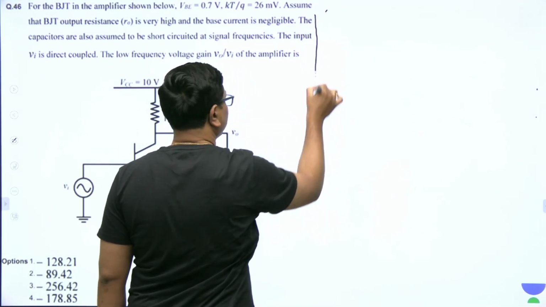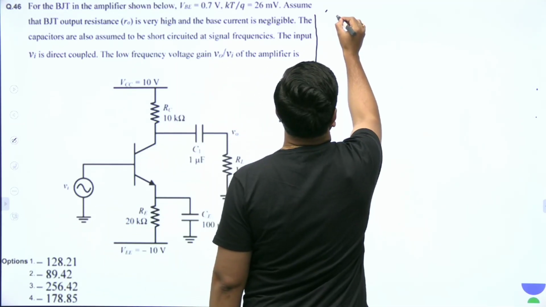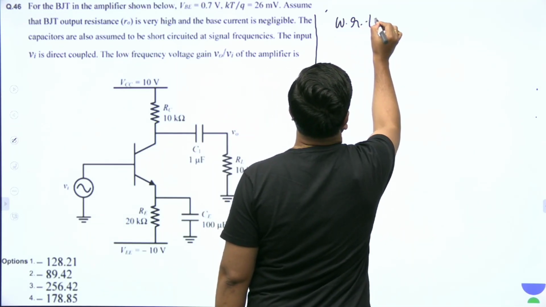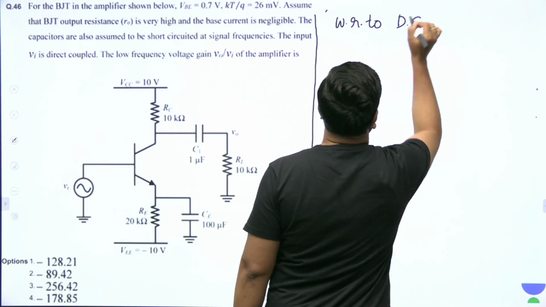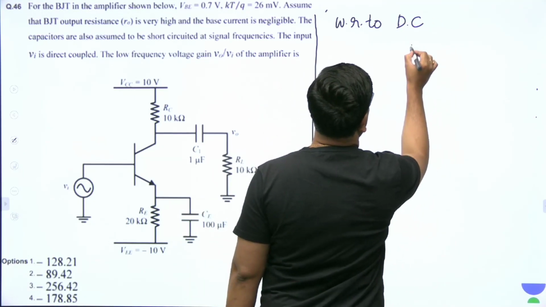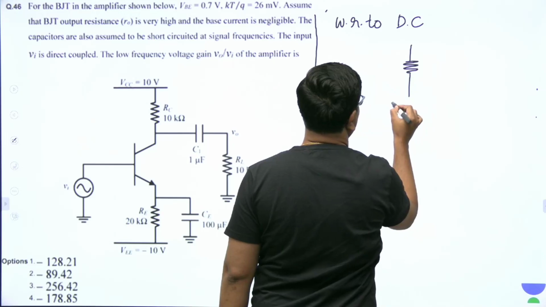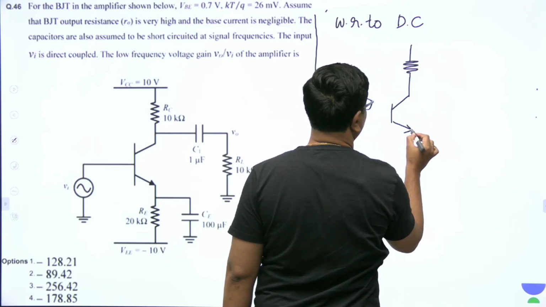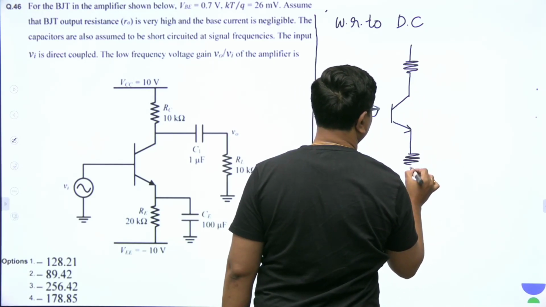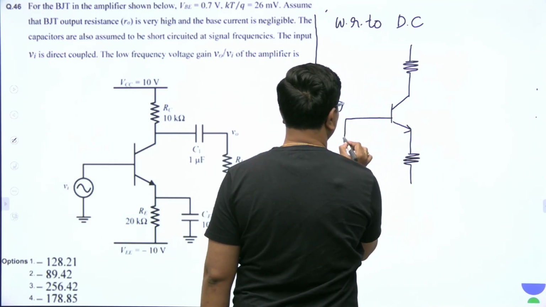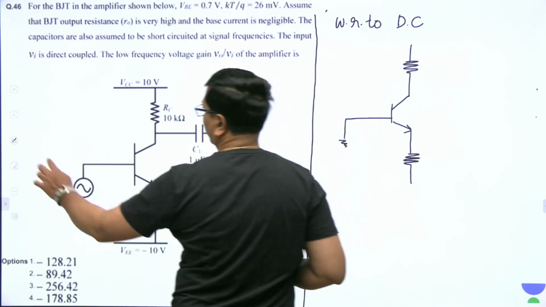So if I take with respect to DC, what do we get? It is connected to ground.